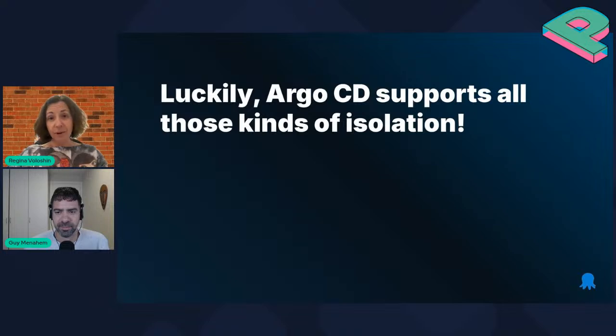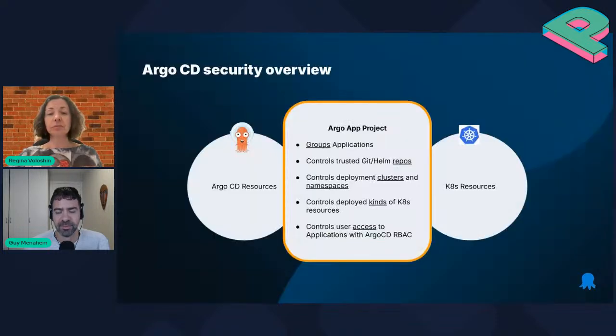Well, luckily, ArgoCD supports all those kinds of isolation, and it has a very flexible mechanism and security rules that can answer a wide range of needs and requirements. So when we're talking about ArgoCD, we're talking about two aspects.